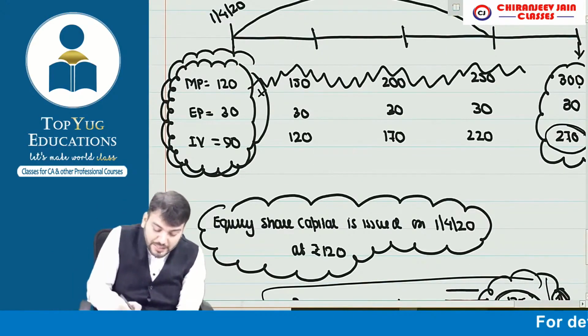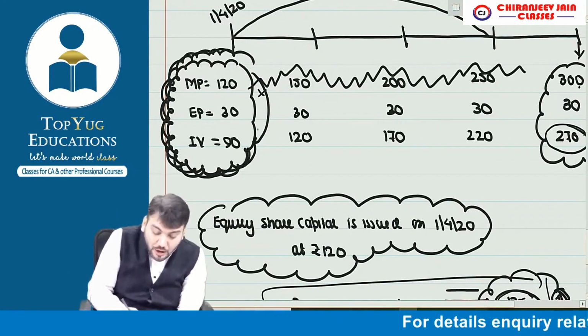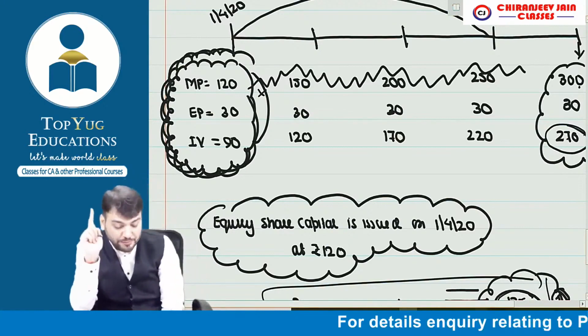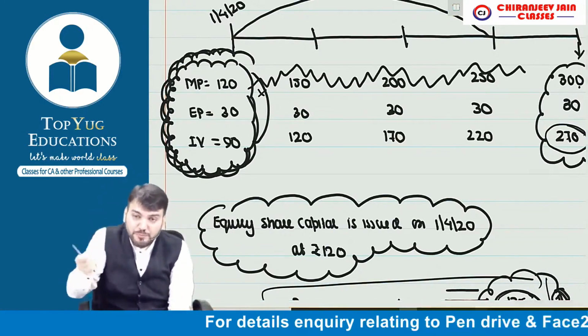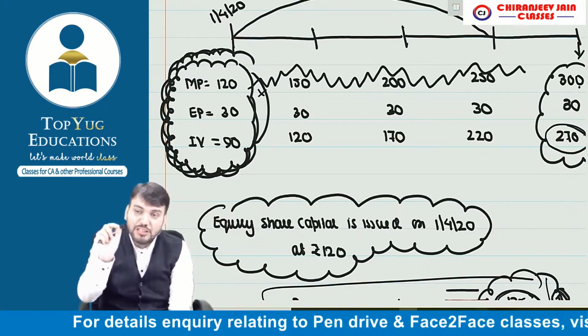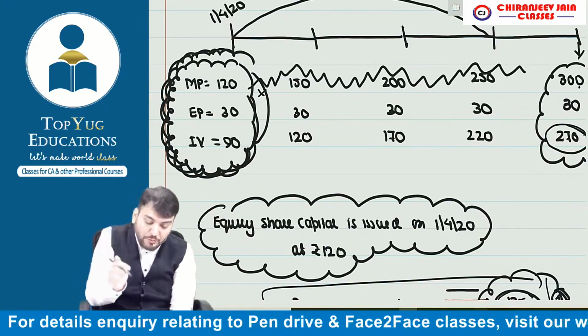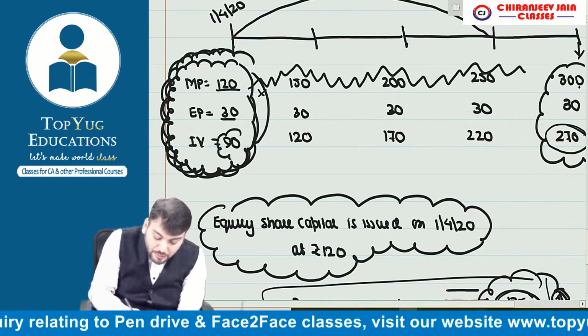Correct. Means can I say once the options were announced, on that date the market price was what? 120. Means the options were announced based on the market price of 120. Therefore, the equity was recorded at rupees what? 120 minus 30, that is 90.